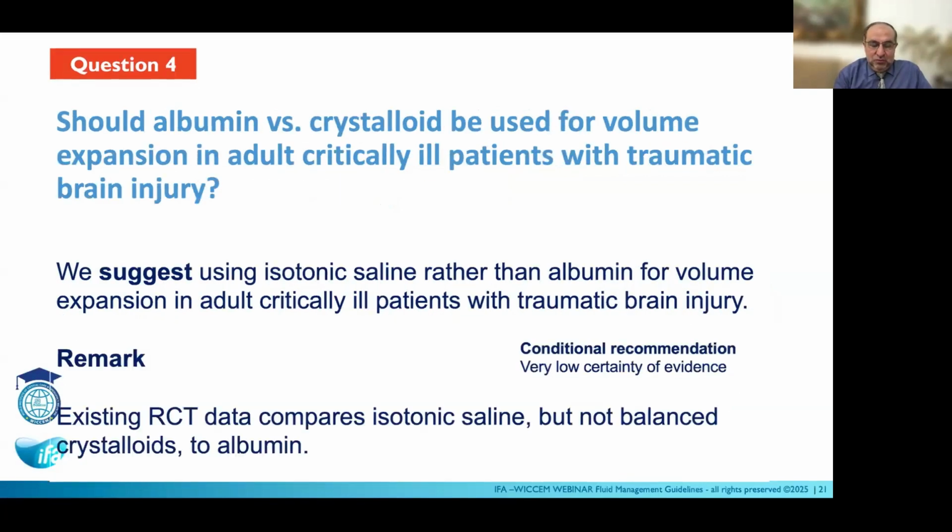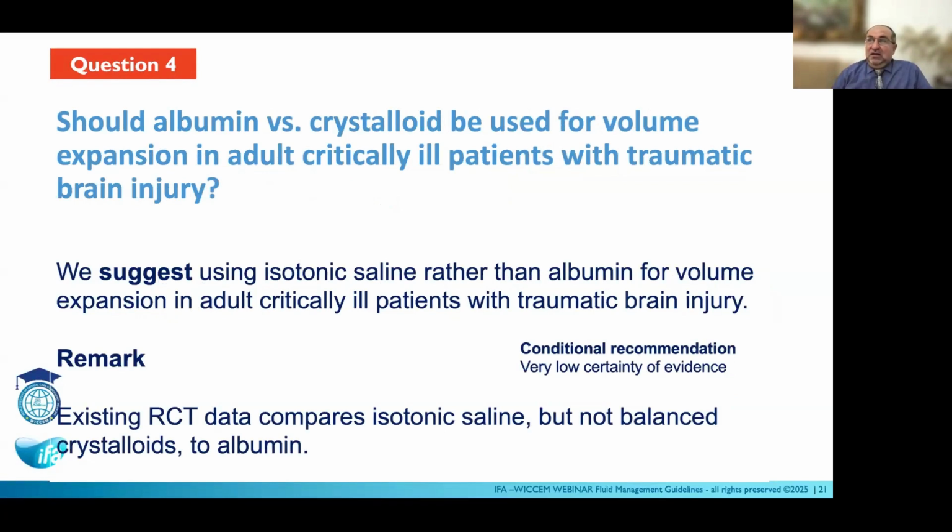Next group is patients with traumatic brain injury. Now, in patients with traumatic brain injury, what you want is to maintain the cerebral perfusion with fluid and sometimes with vasopressors. So albumin or crystalloids, both make physiological sense.